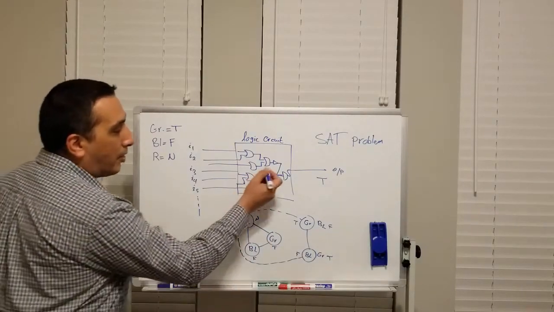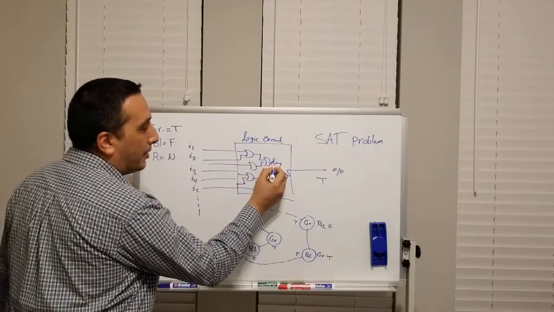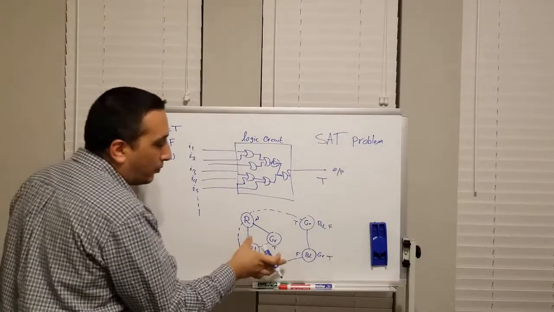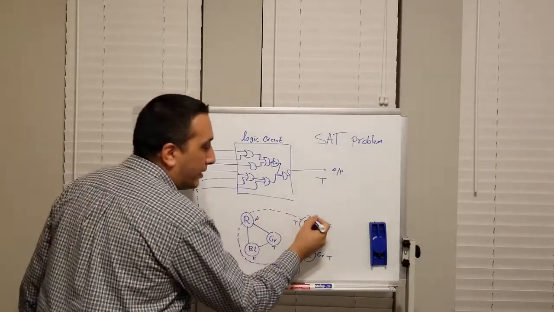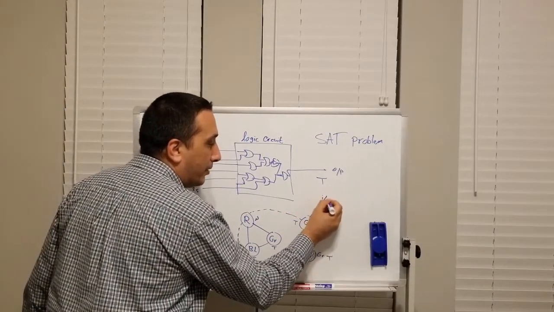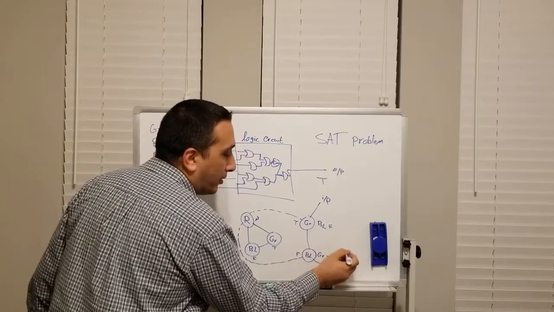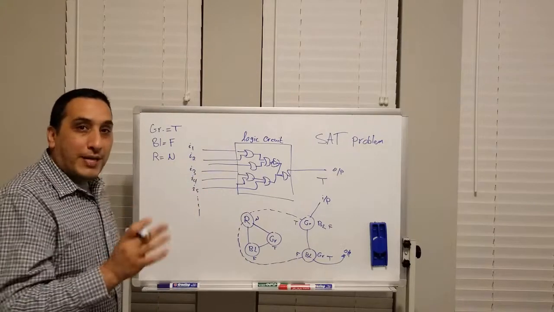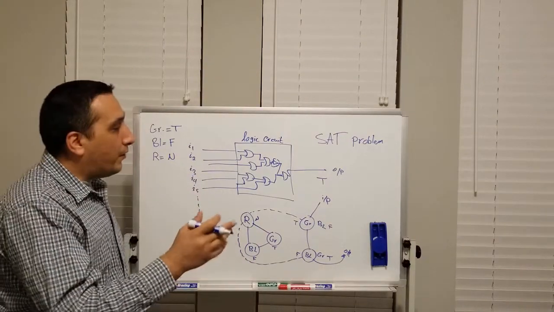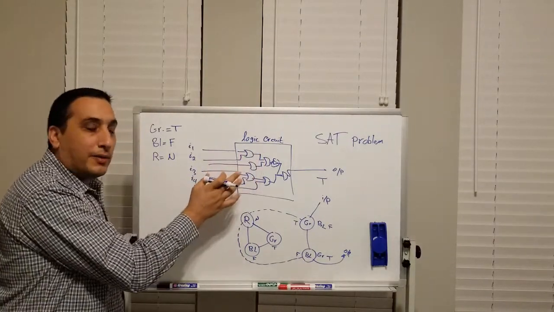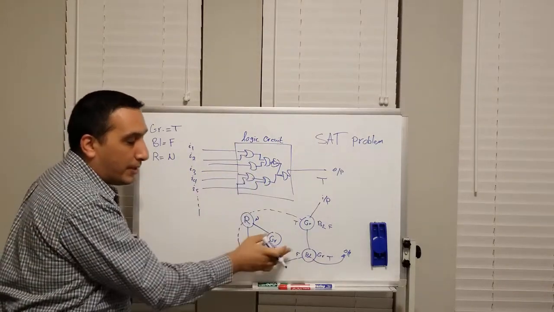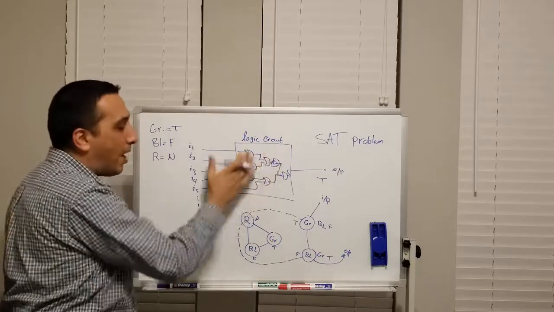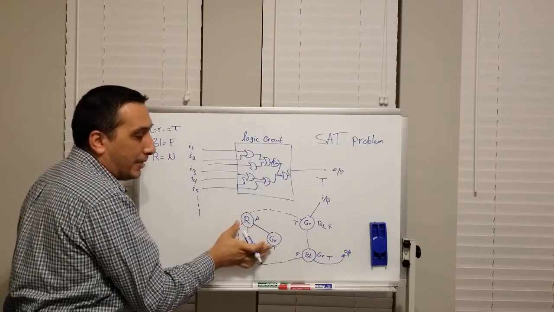Therefore, any NOT operation, I can take it out and replace it with this diagram. So this is going to be my input, and this is going to be my output. That's the first step to convert from the satisfiability problem to the three-coloring problem, replacing the logic inside this box with a graph diagram.